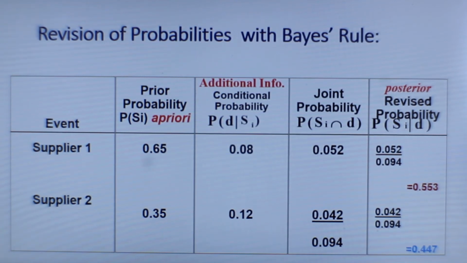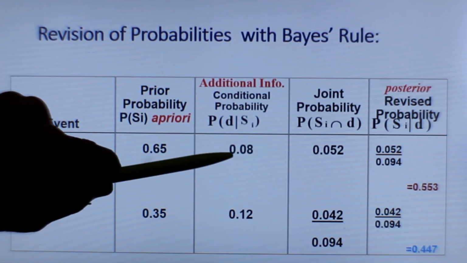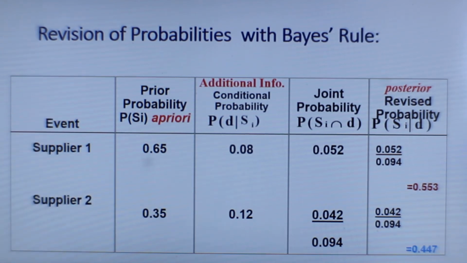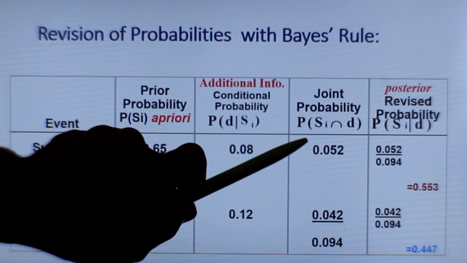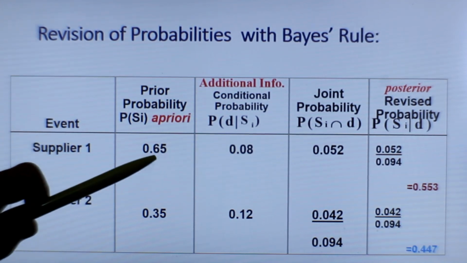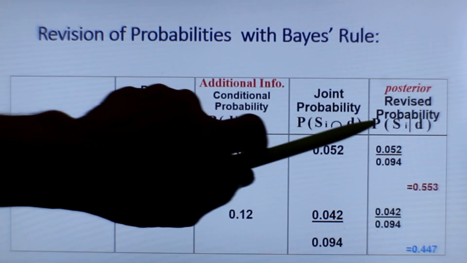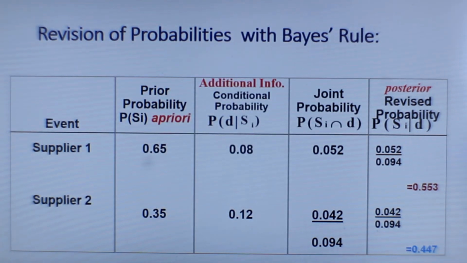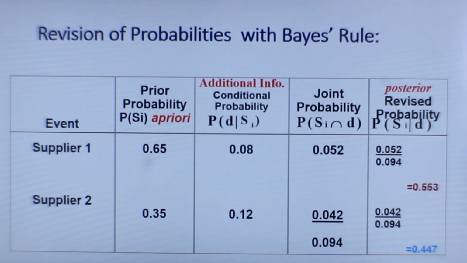Now, the additional information the purchase manager has got from the inspector is that the defect percentage is 0.8 and 0.12. Now, the joint probability, that is the probability that it is supplier 1 and defective, is the joint probability of these two. This multiplied by this will get this. Similarly for supplier 2. Now, the posterior probability, that is, having got this additional information, the defect percentage, what is the revised probability?